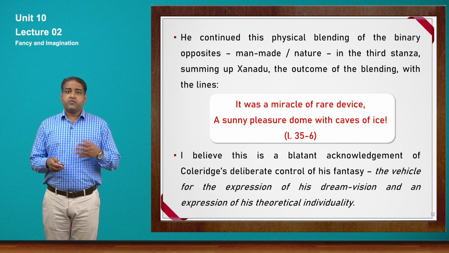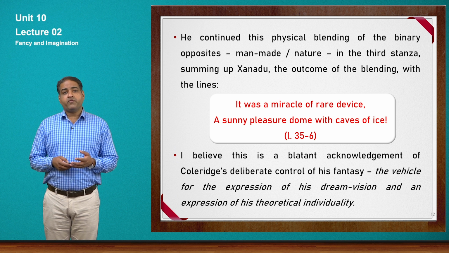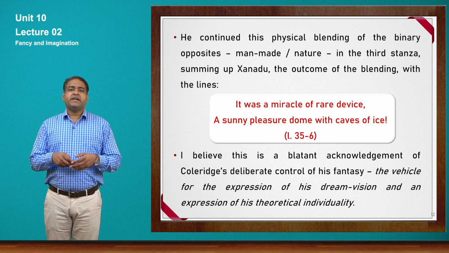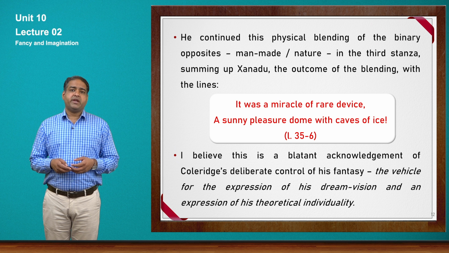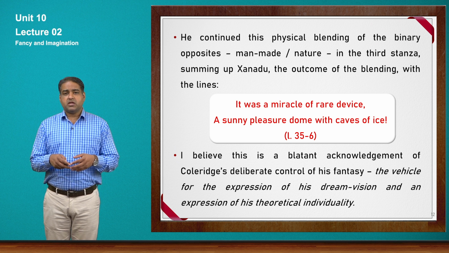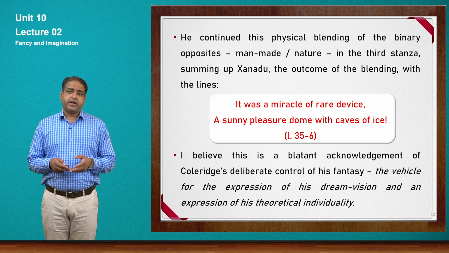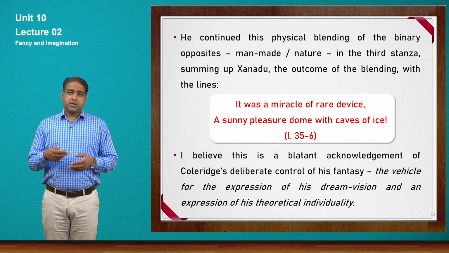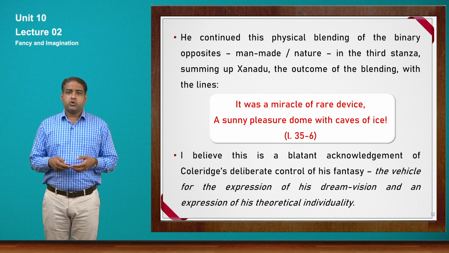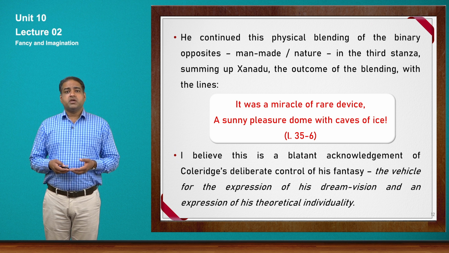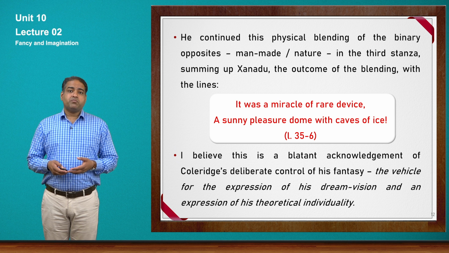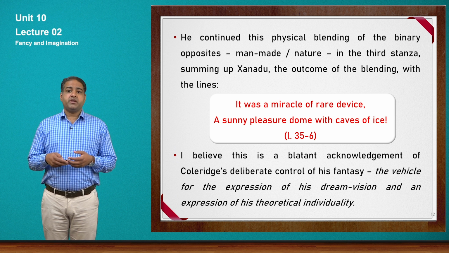So, what is natural and what is man-made? Maybe Coleridge is offended by all the industrialization happening in England, or by the man-made constructions around, and maybe he is missing nature. He wants to go under the lap of nature, which is why he is creating this Xanadu, which is completely natural, completely different.